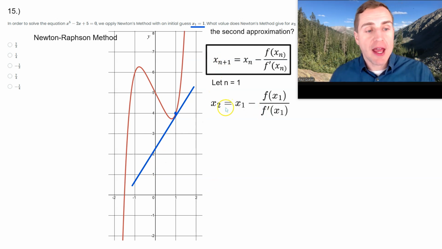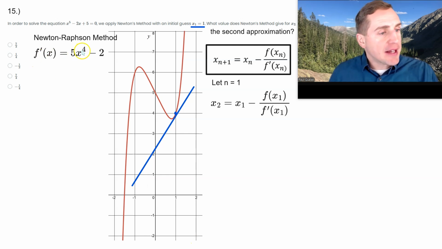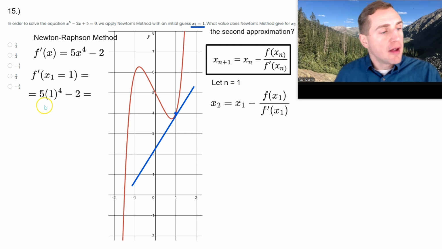So in our case, we're going to say x2 equals x1 minus f of x1 over f prime of x1. So we are going to need the derivative. So the derivative is 5x to the fourth minus 2. And now let's plug in x1, which is equal to 1. So we get 5 times 1 to the fourth minus 2. So that's just 5 minus 2, which is 3.